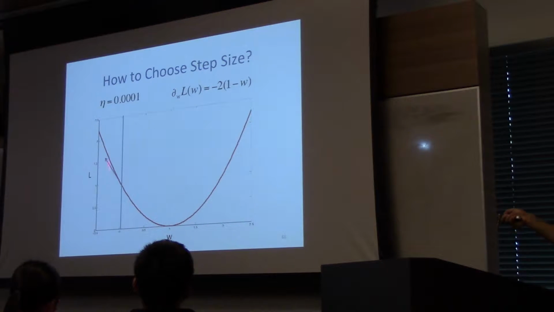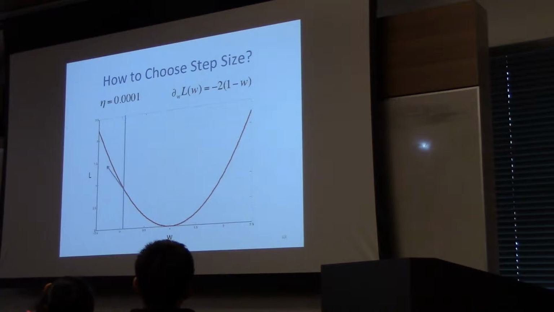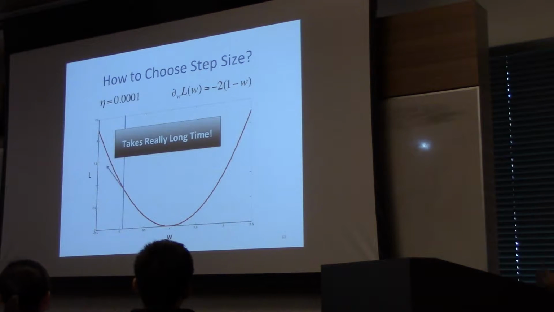You compute the gradient again at this point, which is just a little bit to the right of the original point. Of course, this is not animated to scale. At this step size, it actually looks a lot smaller than this; the changes are a lot smaller. So it takes a really, really long time. You can see that eventually it's going to get close to the optimal solution of minimal loss, but it's going to take a really, really long time.